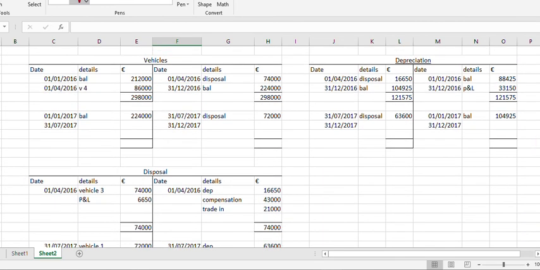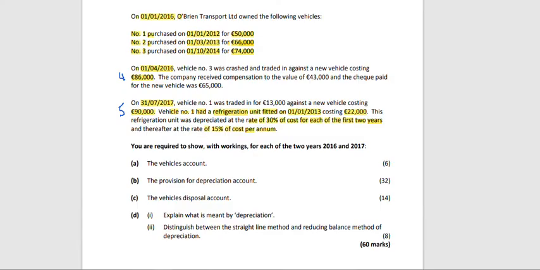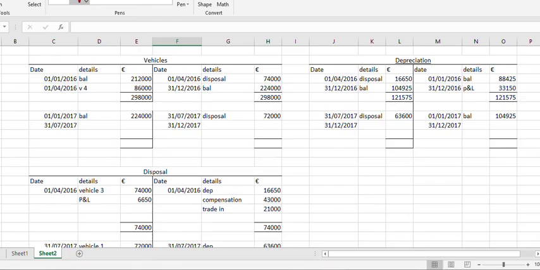We go back over to the vehicles account. So 72,000 was disposed of, traded in, for a new vehicle which cost 90. So let's go to the debit side of vehicles, and we will call it bank and vehicle 5. So vehicle 5 was bought for 90,000.